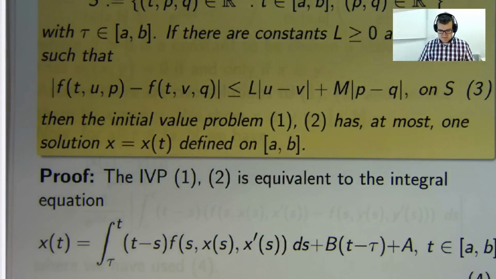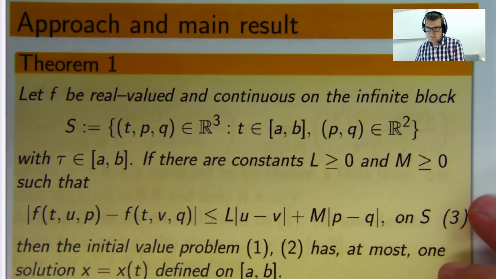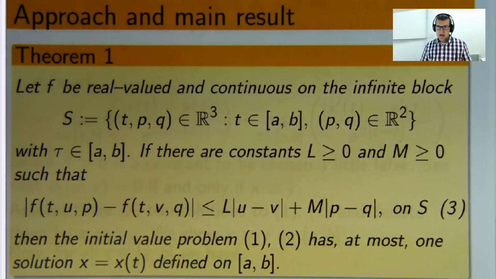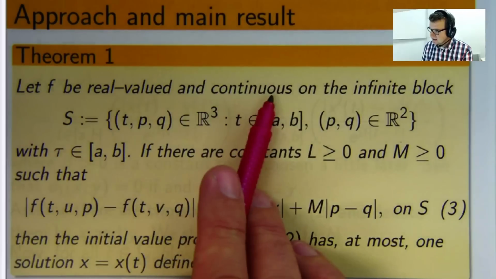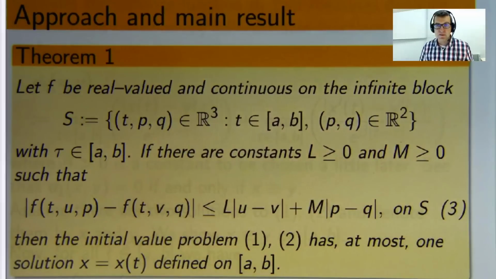All right, so here is the main result that I'm going to show you. Okay, just squeeze it in there. Okay, so we're assuming that f's continuous and you've got some sort of three-dimensional infinite block there.